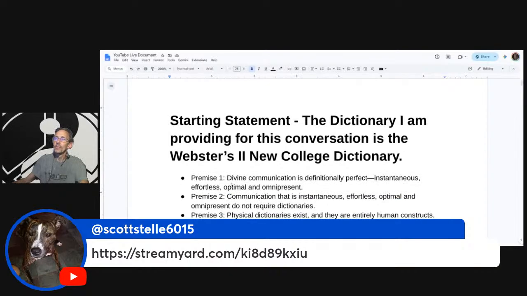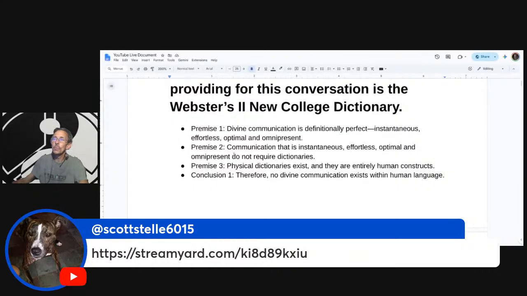Premise 1. Divine communication is definitionally perfect, instantaneous, effortless, optimal, and omnipresent. Premise 2. Communication that is instantaneous, effortless, optimal, and omnipresent does not require dictionaries. Premise 3. Physical dictionaries exist, as I just showed you, and they are entirely human constructs. Conclusion 1.